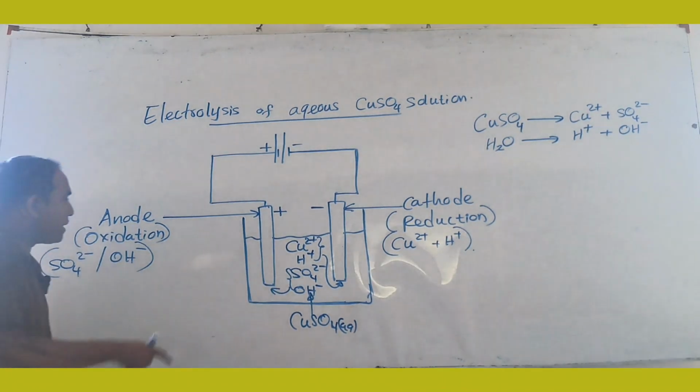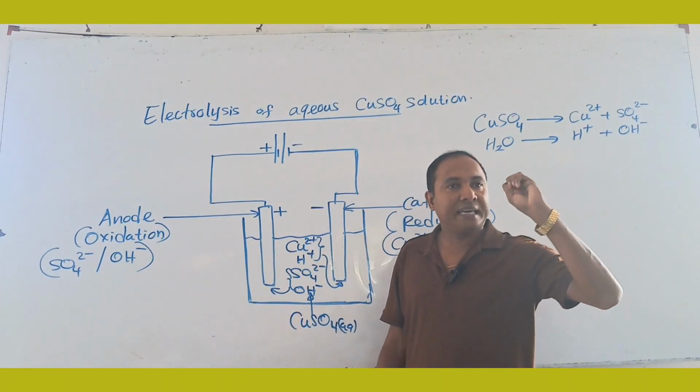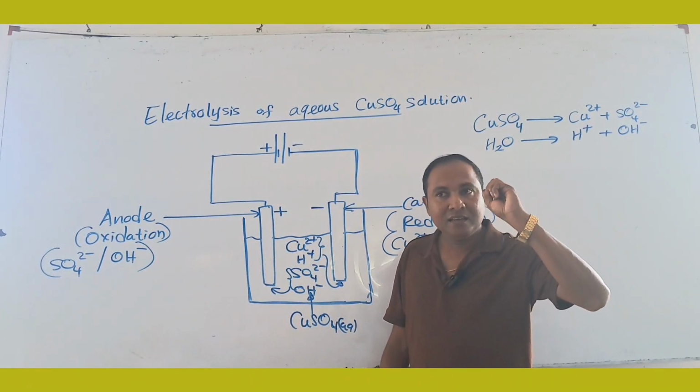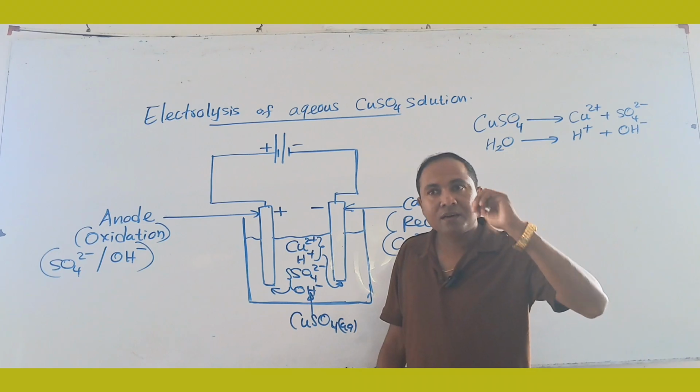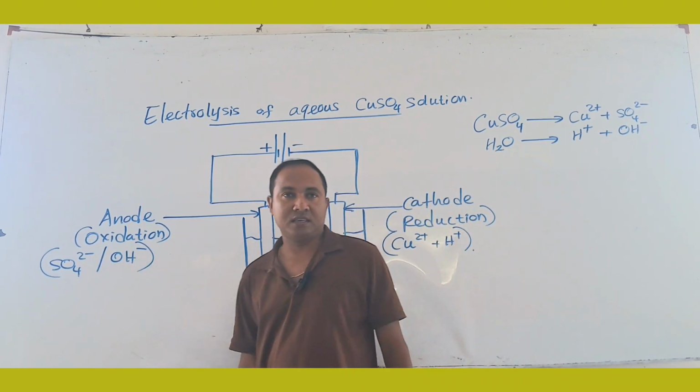Oxidation. What do you mean by oxidation? Oxidation means the chemical reaction that occurs by removing electrons. There are two things that can lose electrons.